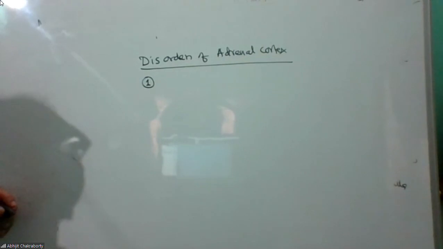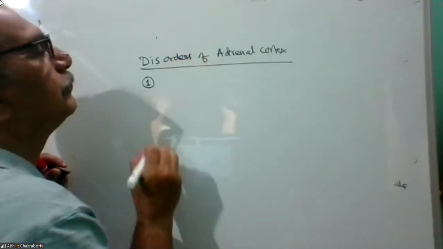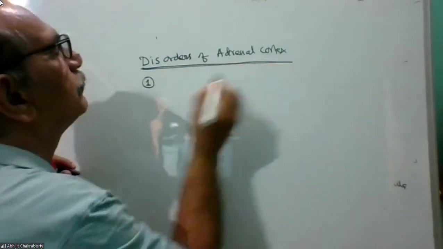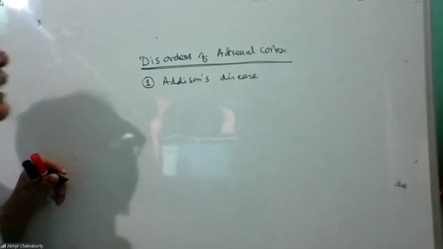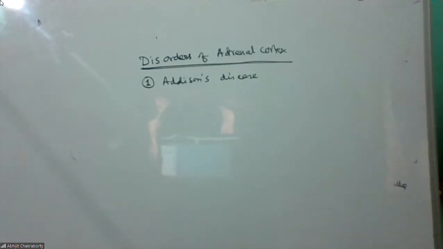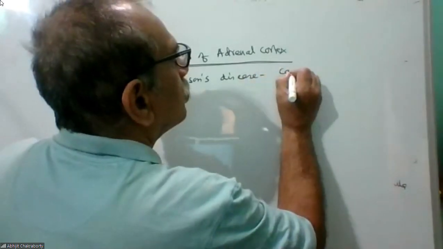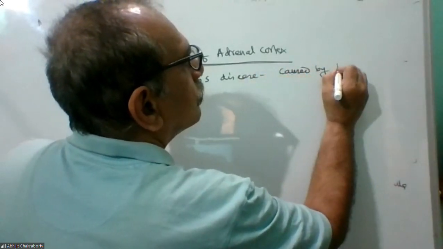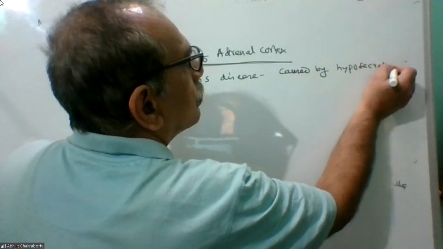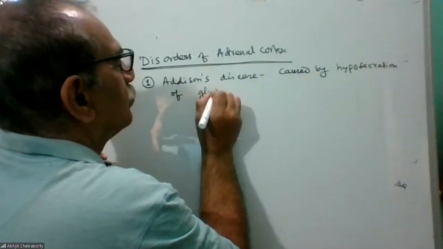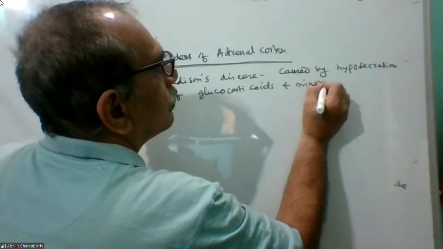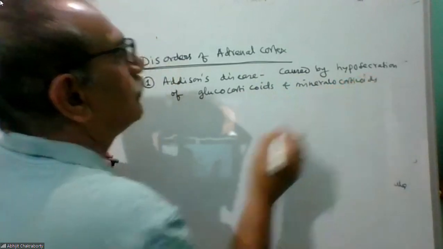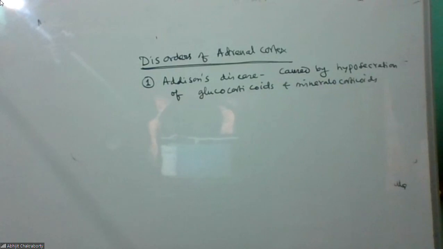Number 1, Addison's disease, caused by hyposecretion of mineralocorticoids and glucocorticoids.